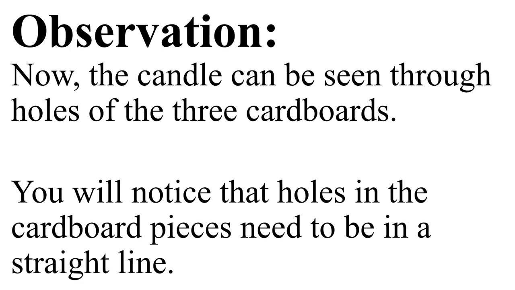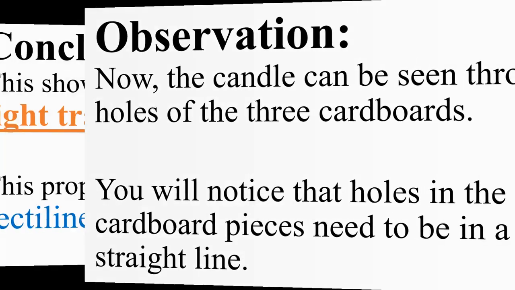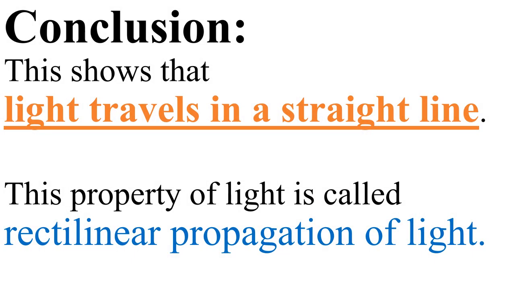Observation. Now the candle can be seen through holes of the 3 cardboards. You will notice that holes in the cardboard pieces need to be in a straight line. Conclusion.